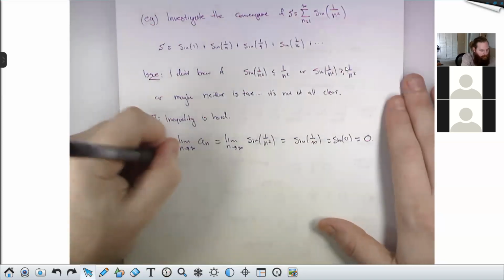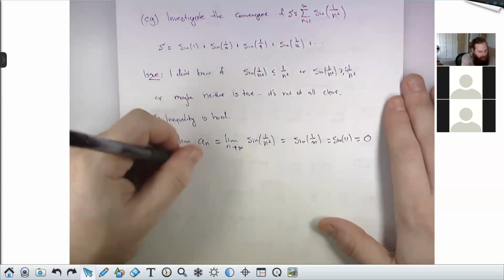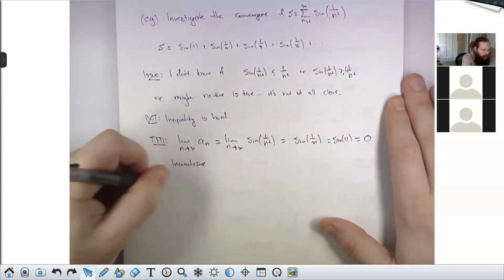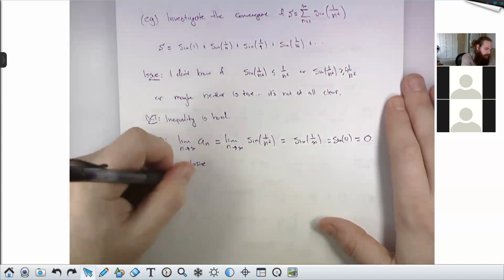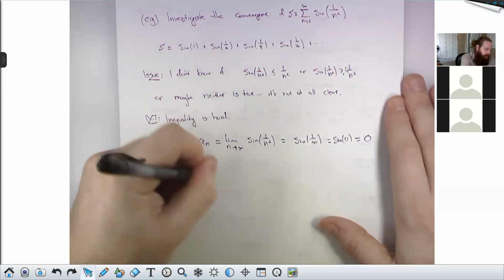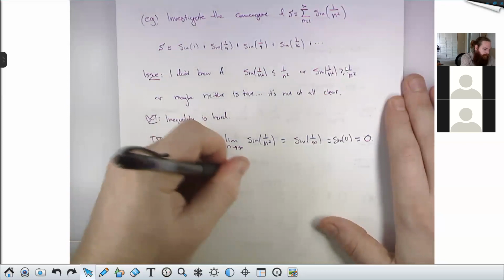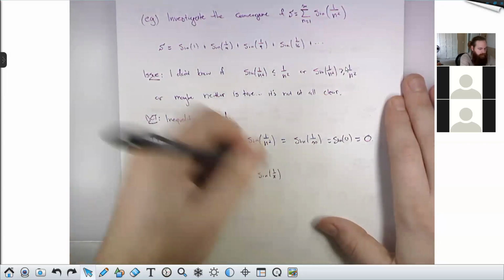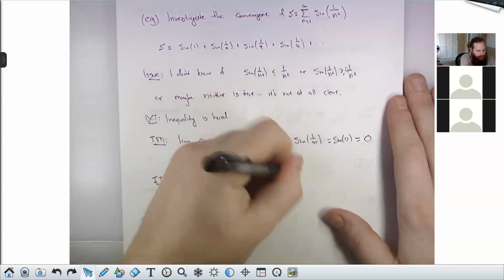So TFD is inconclusive. The integral test won't work. No good. Because f of x equals the sine of 1 over x squared is not decreasing.